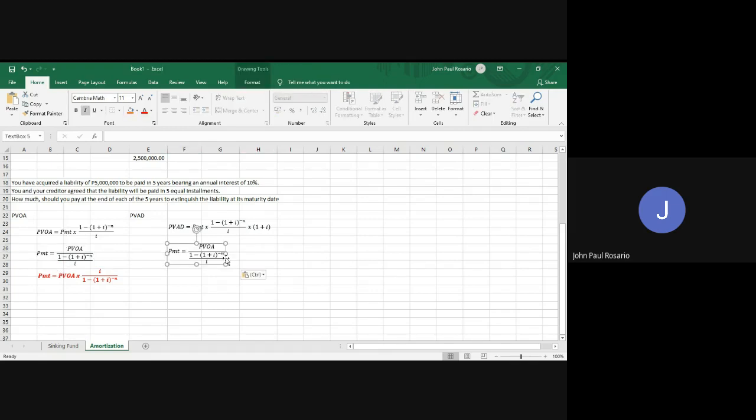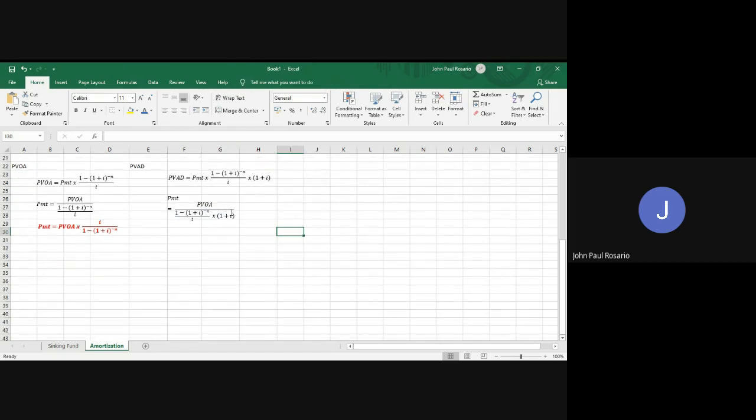So on this part, just simply add 1 plus i on the lower part of the formula, and it now becomes annuity due. This can also be expressed like this.